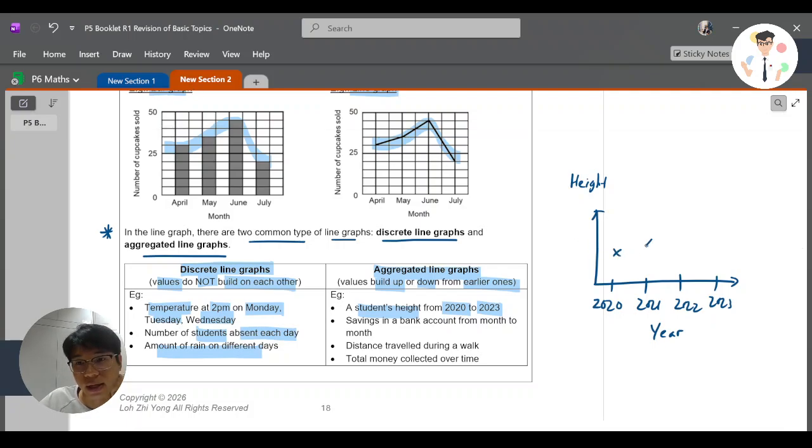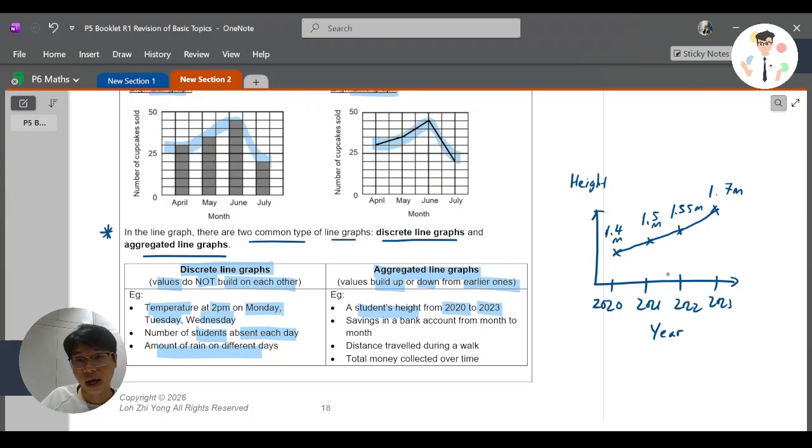Like this, someone going up. Example, I'll say this is 1.4, 1.5, 1.55, example 1.7. This is in meters, okay?